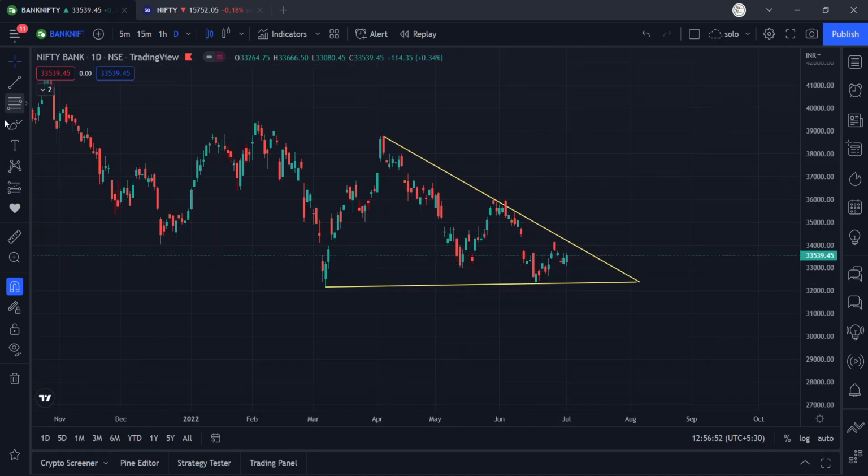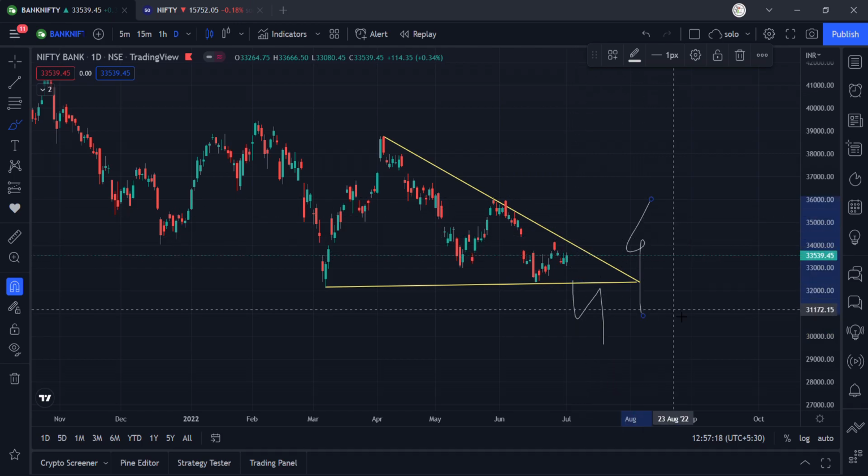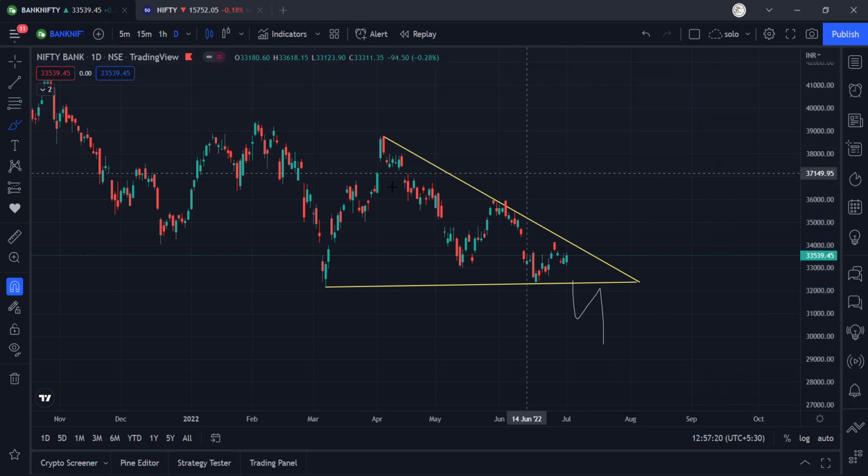But this is not for the daily time frame, what I mean is it's for intraday traders. Because if it breaks this zone according to this chart pattern, we should take a trade after breaking this zone. But to break this zone, it may take 4 candles, that means 4 working days.